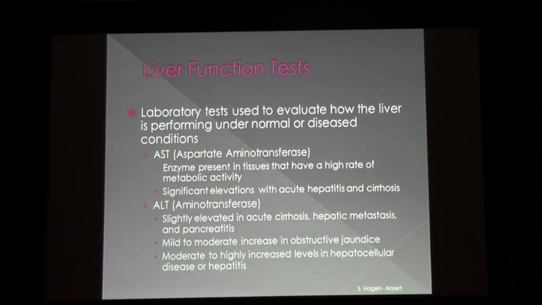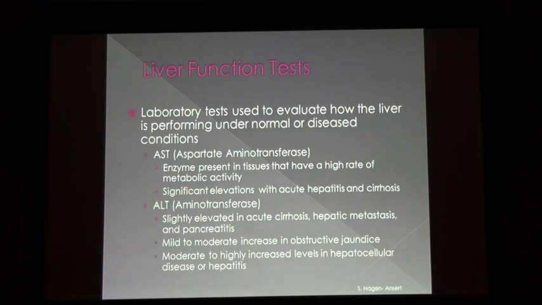For the labs that we look at every day on our right upper quadrant patients, these labs help us evaluate how the liver is performing under normal or disease conditions. AST is an enzyme that's present in tissues that have a high rate of metabolic activity. It doesn't necessarily mean that there's liver disease, but it can be a clue that there may be.